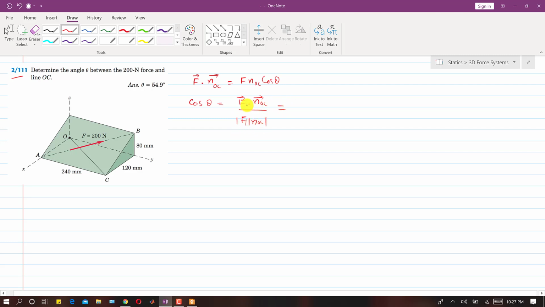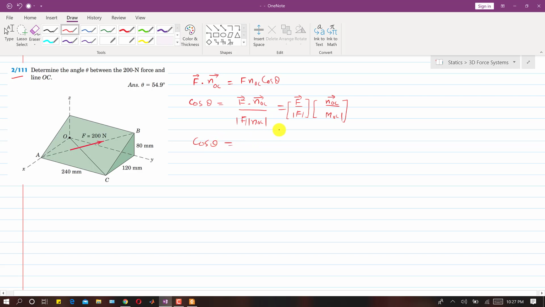So now we can write it like this: F divided by F magnitude, which is the unit vector of F, dotted with the nOC vector divided by nOC magnitude, right? So what are these two things?